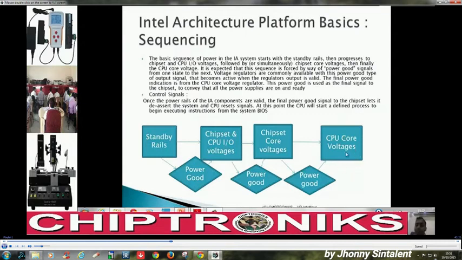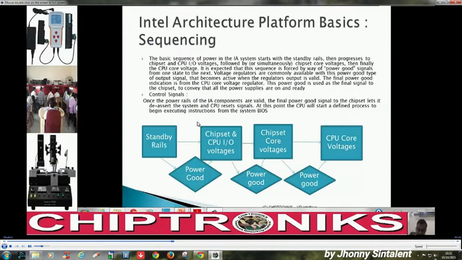And after the core voltages are generated, a final reset signal is issued to the CPU by PCH or ICH, and then it will start reading from a BIOS. So keep in mind this power sequence for understanding any kind of Intel architecture, right?